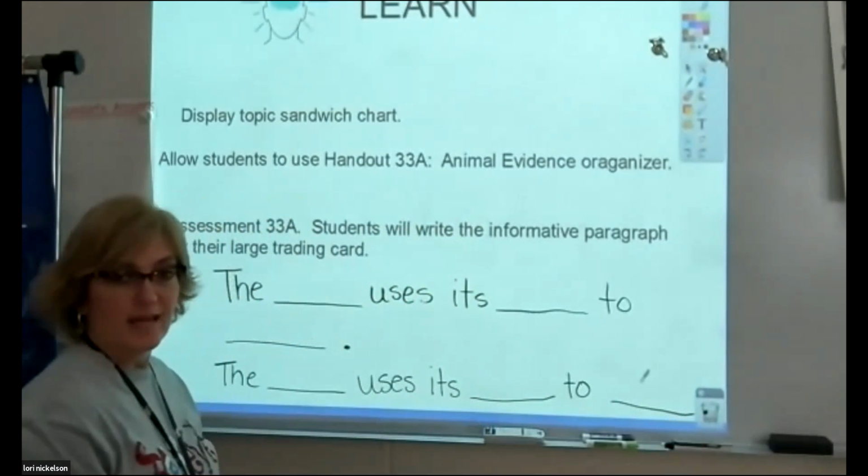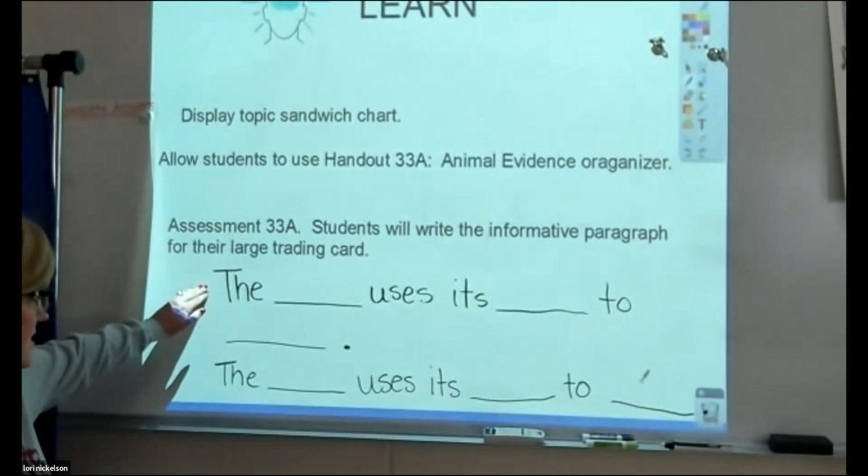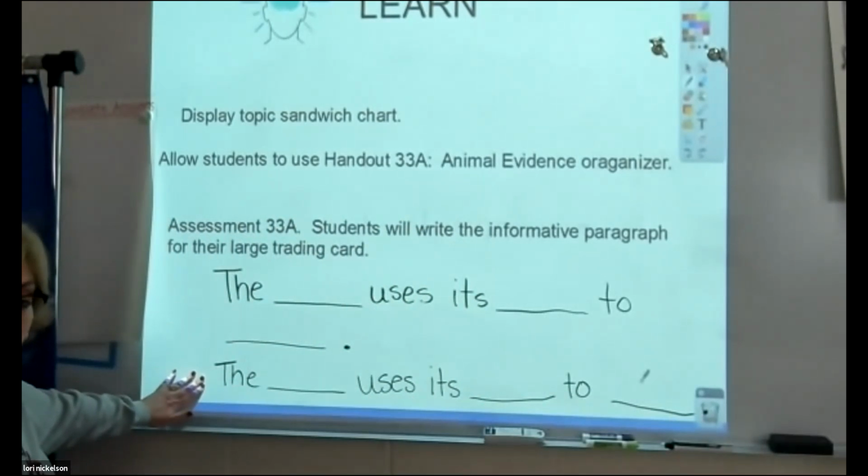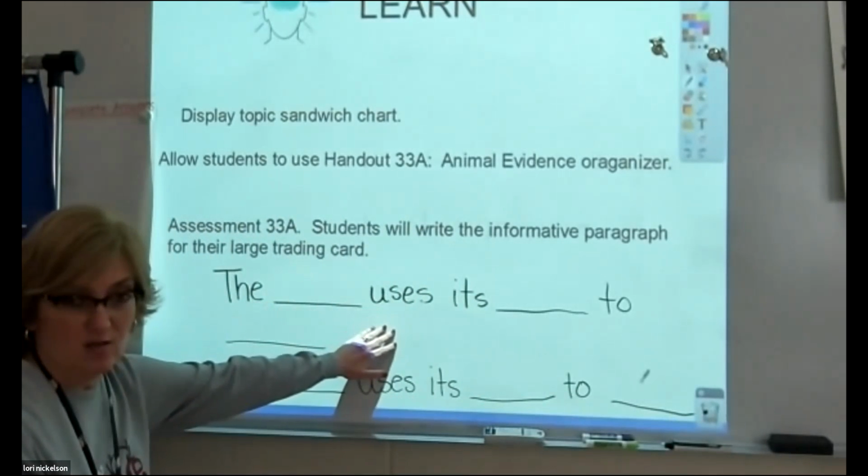All right. And it's very similar to that first sentence, isn't it? So it's your topic sentence and your conclusion. You have to fill in those blanks, and you've got to add your details.